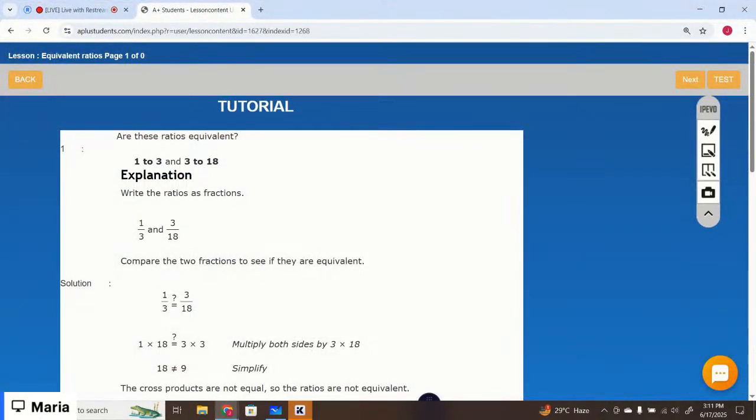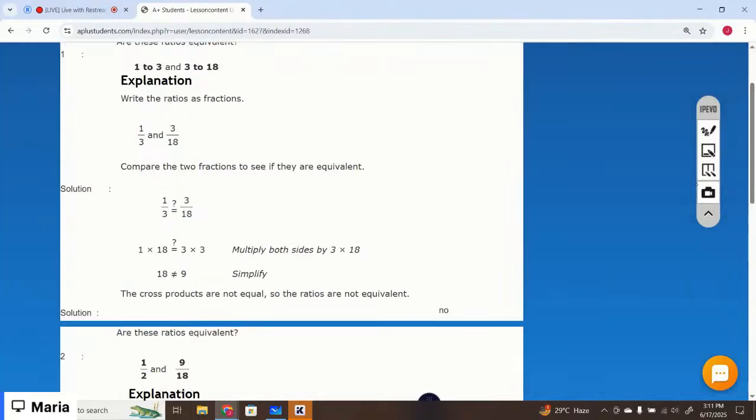So 1 over 3 and 3 over 18. Let's just cross multiply them. 18 times 1 equals 3 times 3. 18 times 1 is 18 and 3 times 3 is 9. So they are not equal.